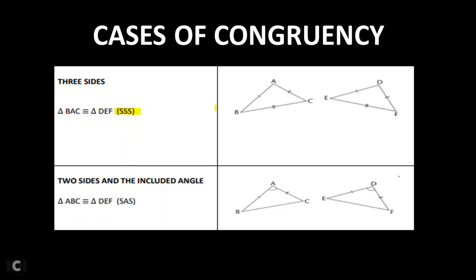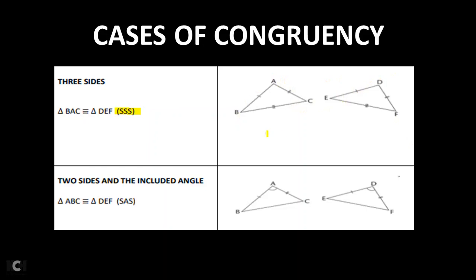On our right hand side, we have 2 triangles which are congruent to each other because their corresponding sides are equal. For example, AB corresponds with ED and they are equal. So we have AB equal to ED, the first side. The second side, AC, is equal to DF.